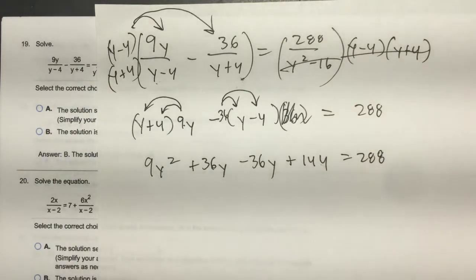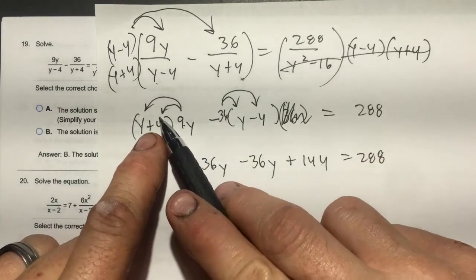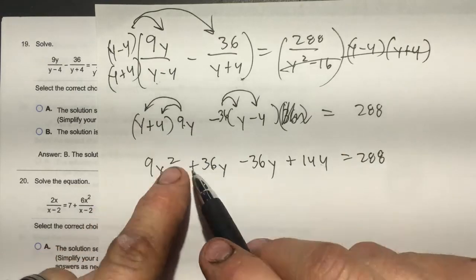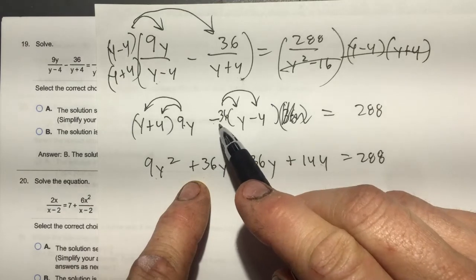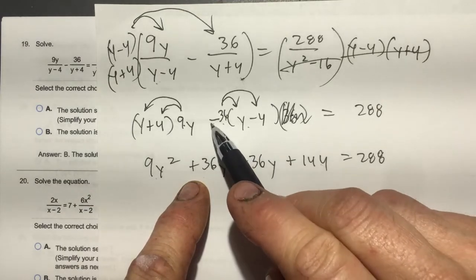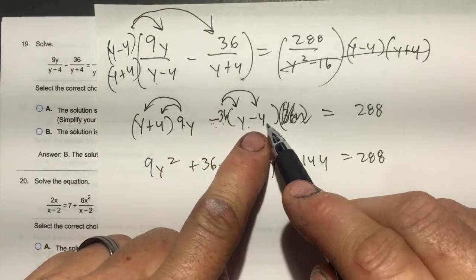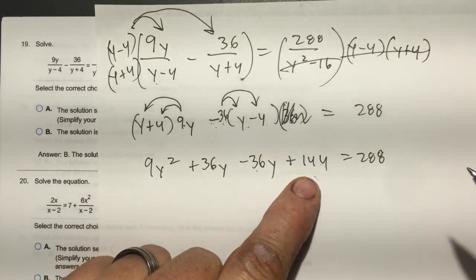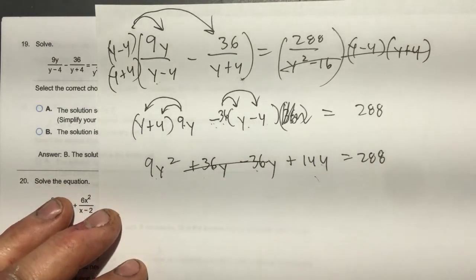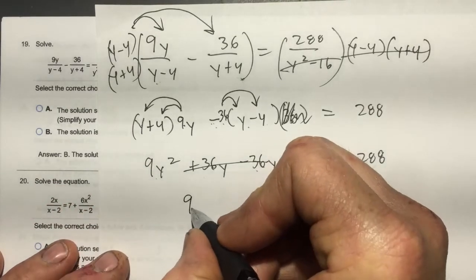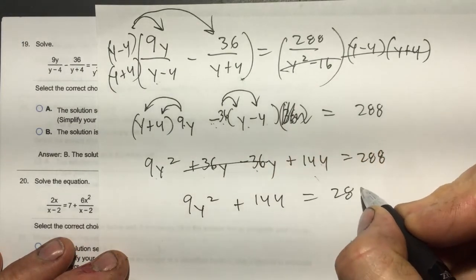So again, when I distribute here, 9y times y is 9y squared, 9y times 4 is 36y. Now these cancel. So I have 9y squared plus 144 equals 288.